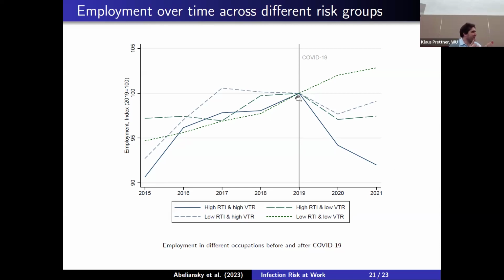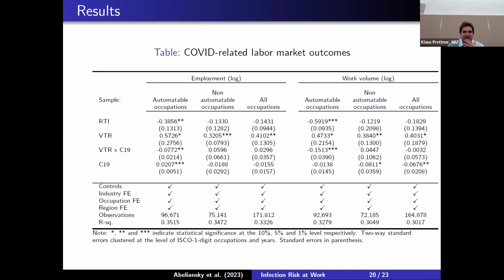So that's an illustration of the results, but this would be just descriptive evidence, and I would say the more credible test of the hypothesis is indeed visible in these results.